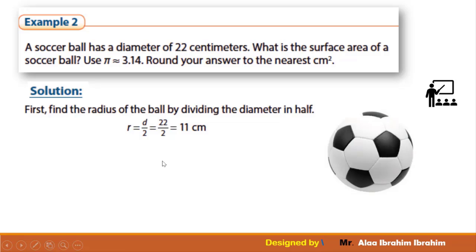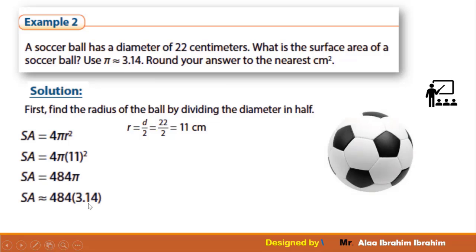Recall the formula: 4πr². I replace r with 11. Here, not in terms of pi, I have to replace pi by 3.14. So this is my result. Then my result to the nearest centimeter, meaning to the nearest ones, no decimal point. This is my result in the simplest form, to the nearest unit.